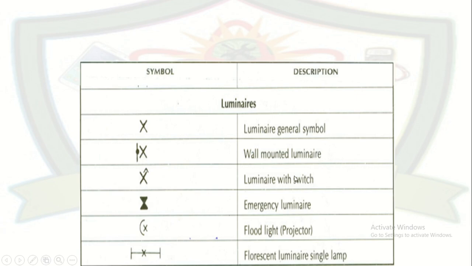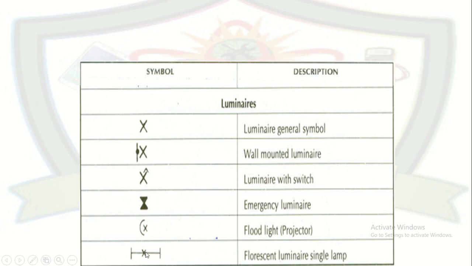This is luminary with a switch. This lamp has a switch, so it differs from the other by this sign. The other one is the emergency luminary. This one is floodlight projector. This one is fluorescent luminary single lamp.